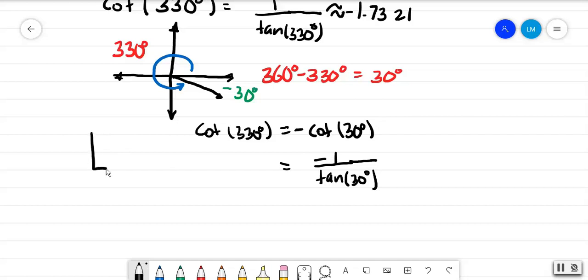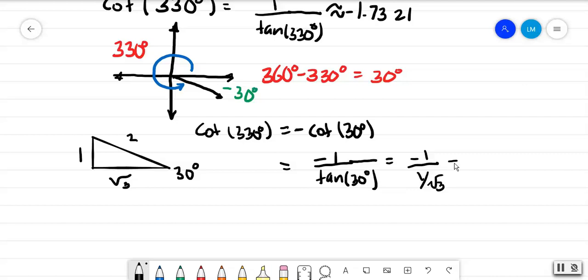So if you needed the exact value, you would just say, well, I know that that's 1, that's root 3, and that's 2, and this is 30 degrees. So, accordingly, this is going to be equal to negative 1 divided by, well, opposite over adjacent is 1 over root 3, so you have 1 over root 3, but that equals negative root 3.